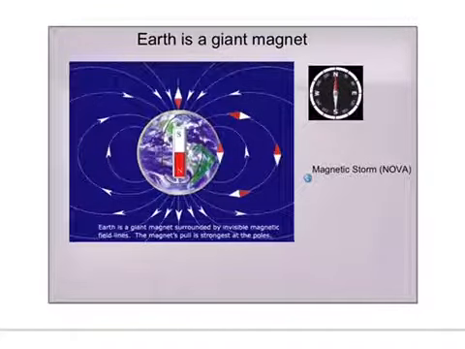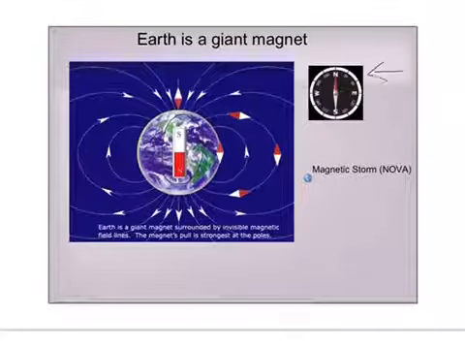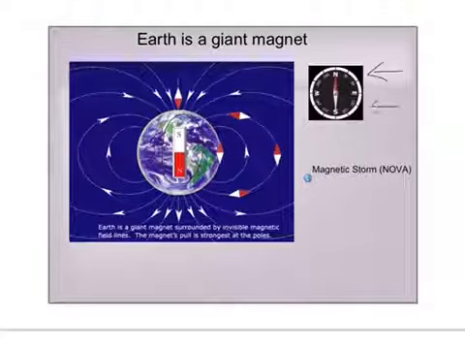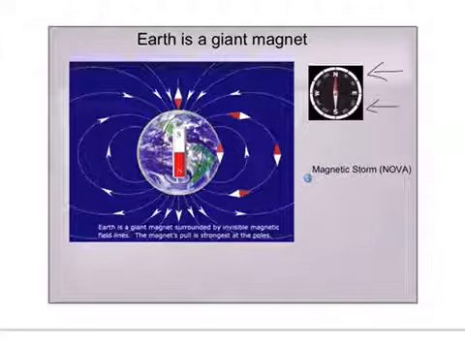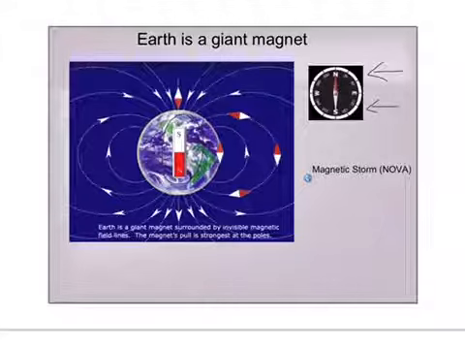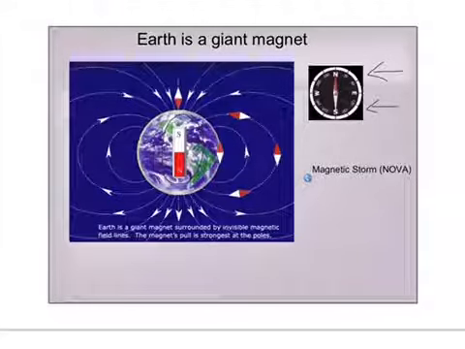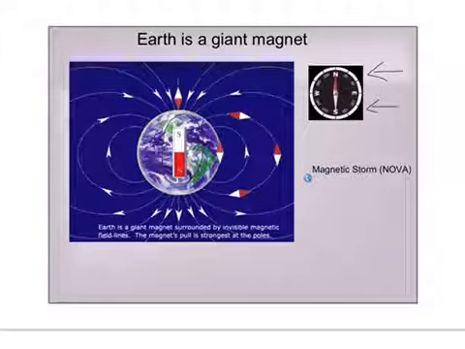Our compasses, if you take a look at the colors, and you can see the red and the white lines, our compasses show us the direction that north happens to be. What it's actually showing you is what a North Pole is attracted to, and it's attracted to a South Pole. So when we say a geographic pole versus a magnetic pole, those are opposites. And here on planet Earth, they're almost perfectly aligned, but basically our planet serves as a gigantic magnet.